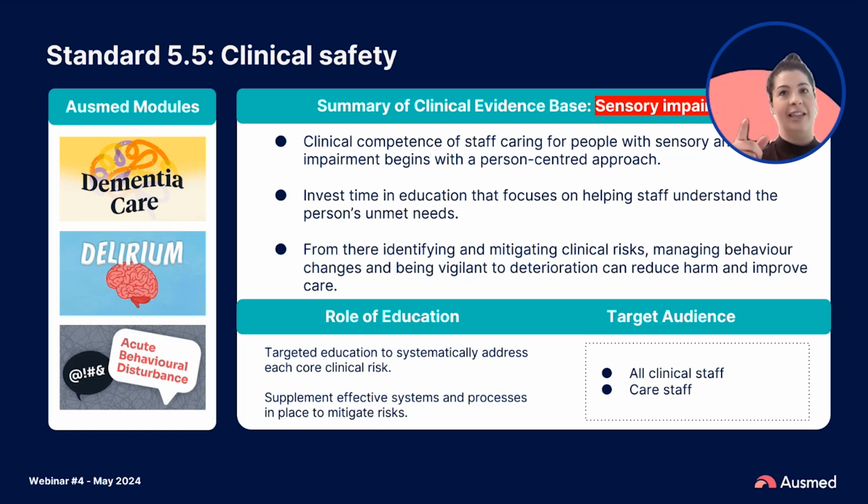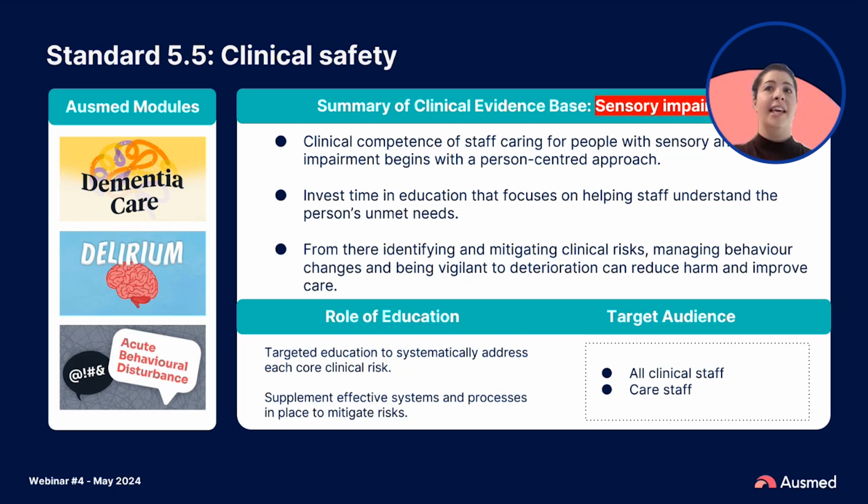I'll unpack that a little bit. If through education we can help others understand that often basic unmet needs of an older adult with cognitive impairment can be the cause of deterioration and acute behavioral deterioration, we can totally reshape the way that we support people with dementia.